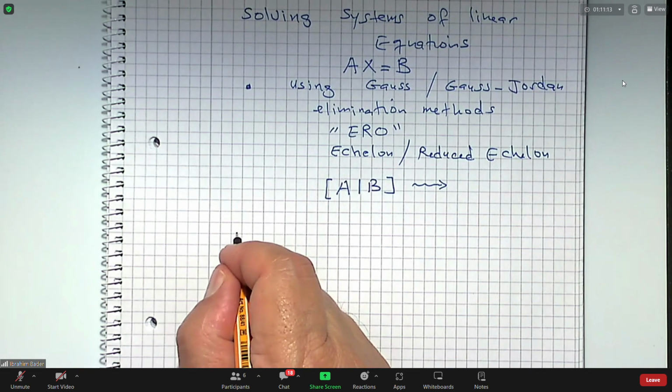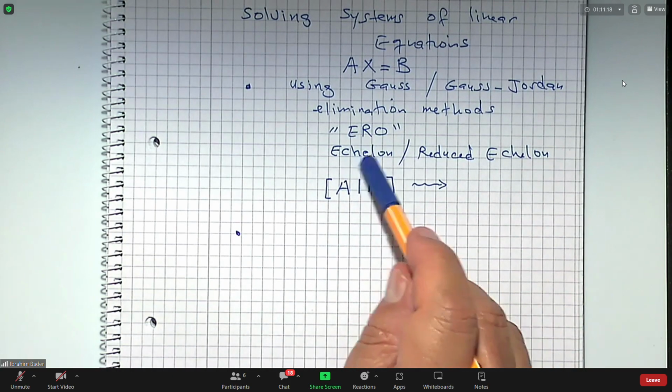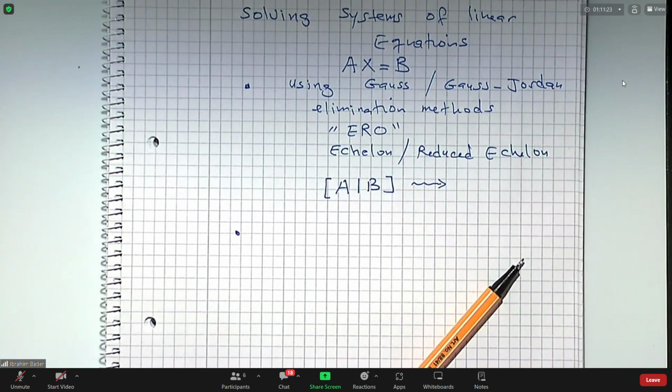We had lots of exercises on how to apply this method, either to reduce to an echelon or reduced echelon form. Do you have any questions regarding this method? Any questions? Obviously, this method requires some fine feeling for the steps, right?